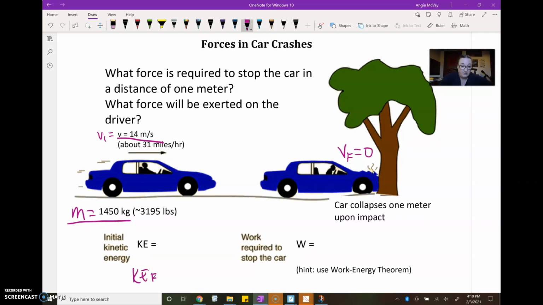KE final is 0, because the car stopped. The initial kinetic energy is 1/2 times the mass, 1450, times its initial speed, 14, squared.